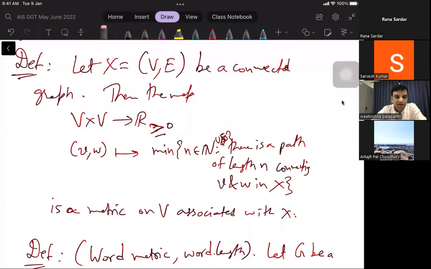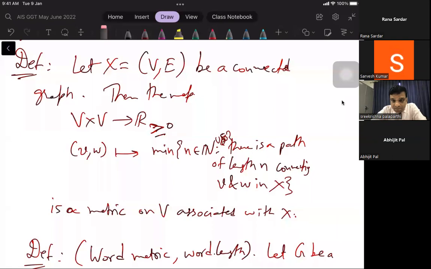You take all finite length paths of length n, so the minimum will exist, right? They are integers. You have to assign the edge length to be 1.